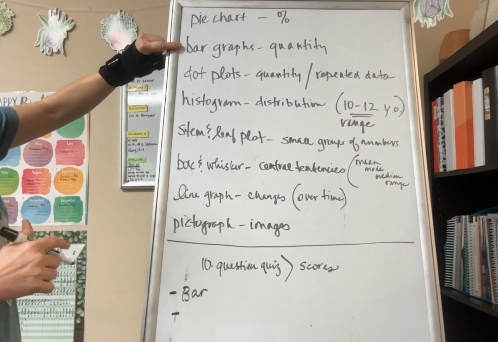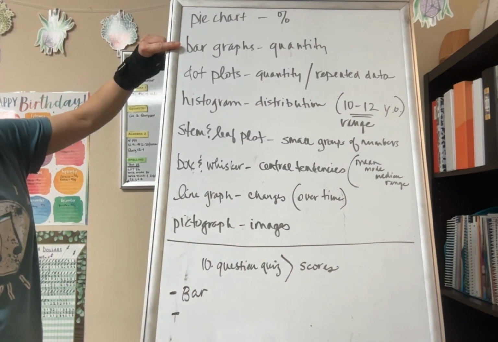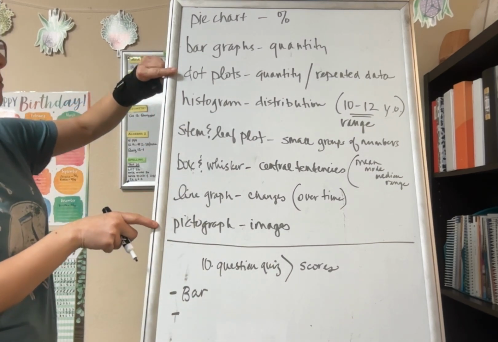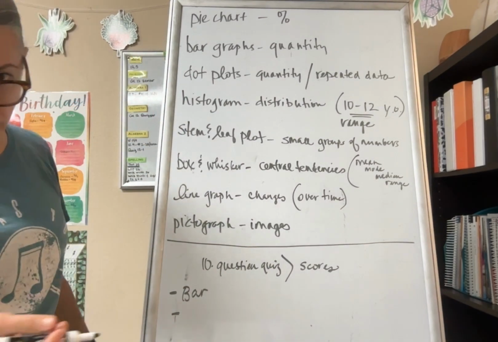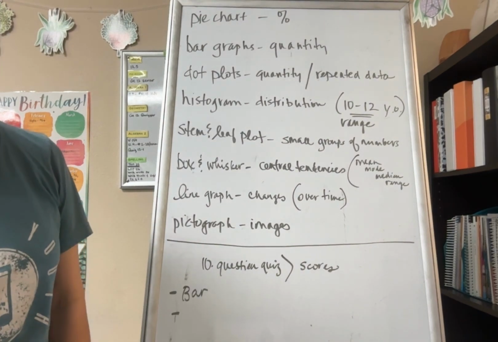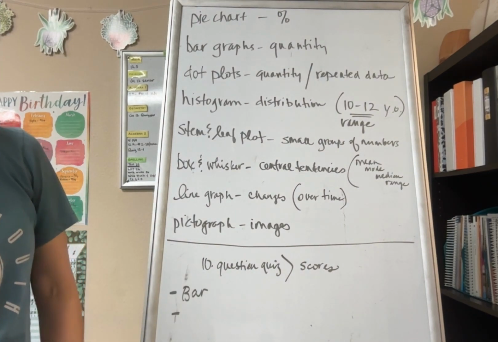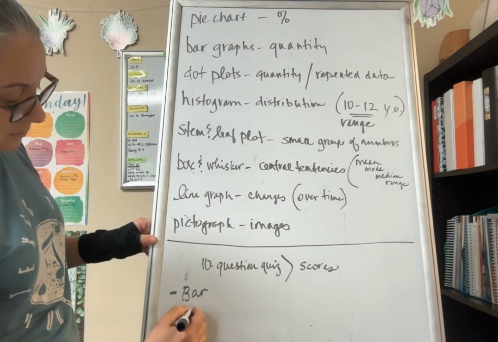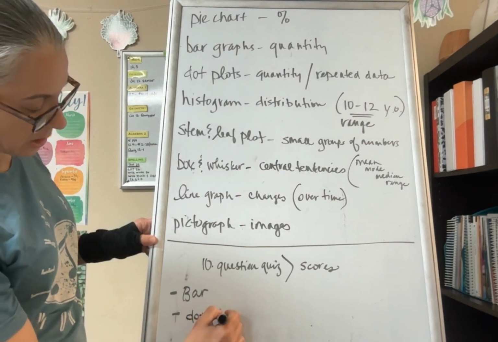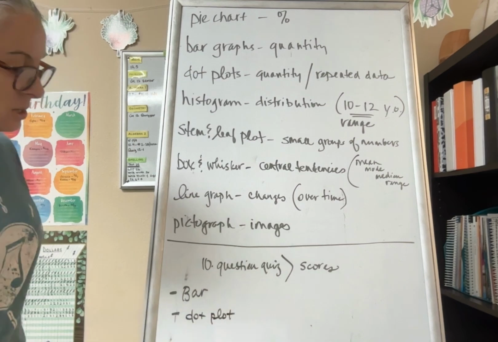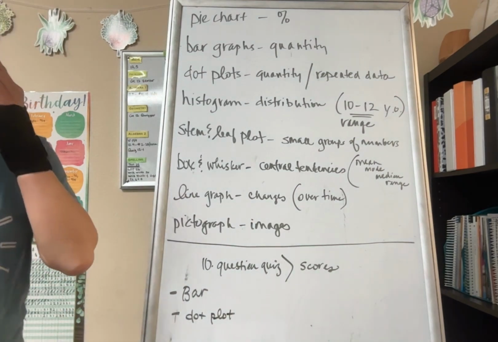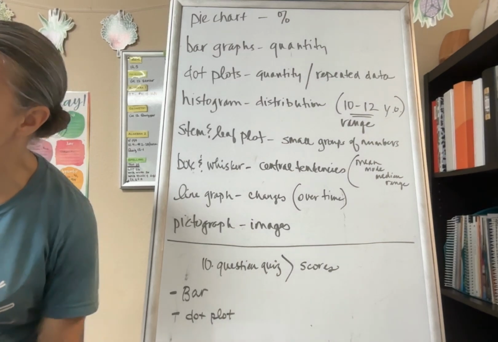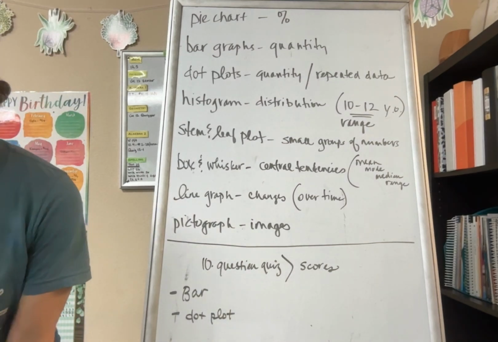So a bar graph would be a good choice. And then if a bar graph is a good choice, then it's also possible that a dot plot or a pictograph would also work. I don't think we need a pictograph to show math quiz scores, but we could use a dot plot, right? Now, the reason we don't want to use a pie chart is because we don't know if the teacher graded these quizzes on a scale of 100% or not, right?